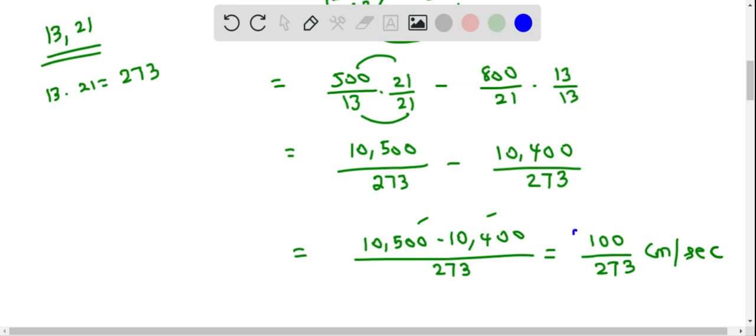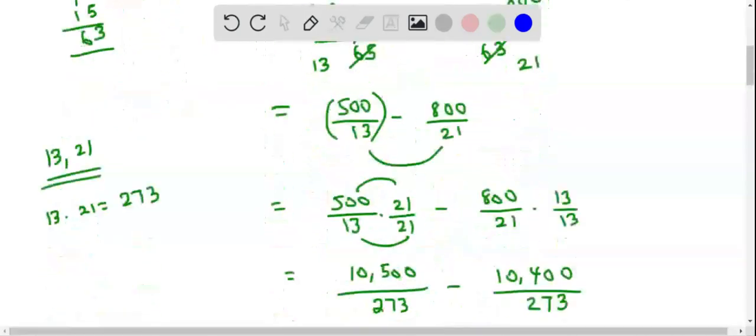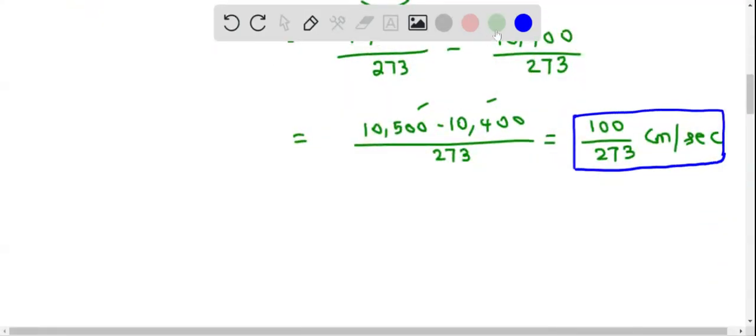So this is the average rate of change of function for this interval 24, 25, and if we approximate this to decimal equivalent, this is approximately equal to 0.3663, and this is in centimeter per second.